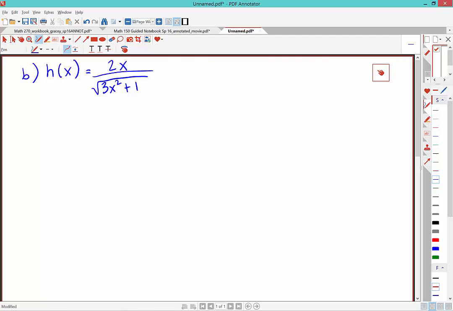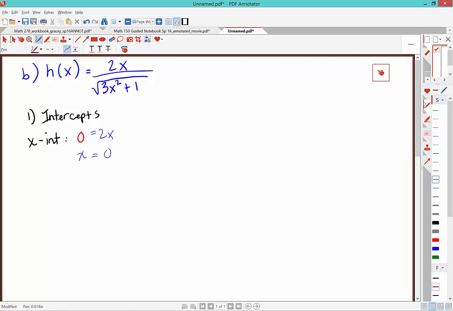So again, I'll start out with the intercepts. Our x-intercept is when that numerator zeroes out. So x would be 0.